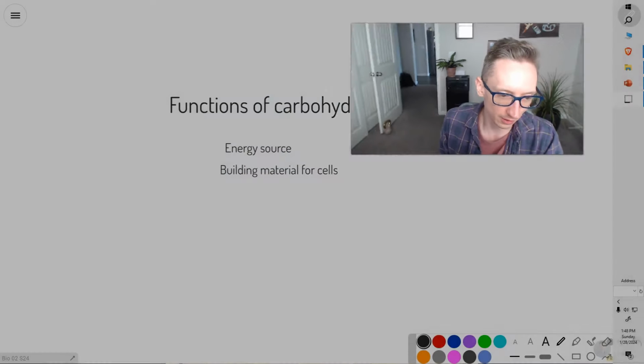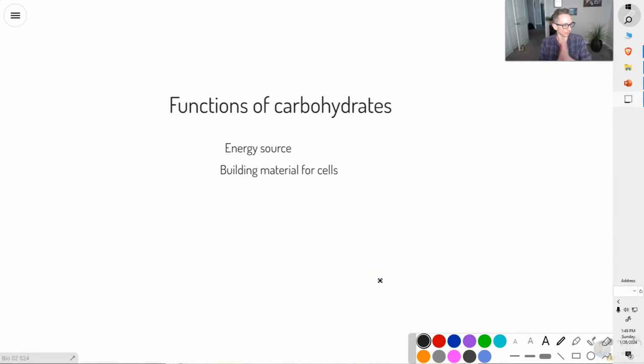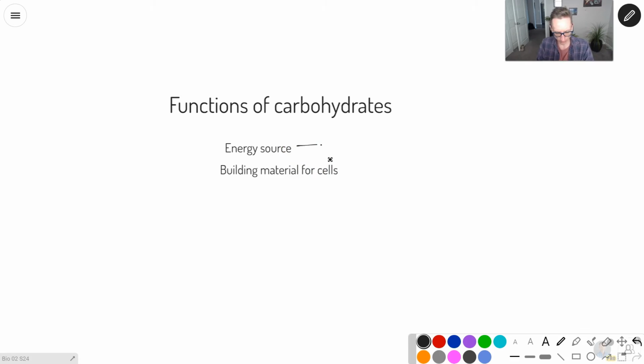It's very weird. Okay. So a building material, energy source, energy storage. We use them for energy storage in our liver. Our liver stores over a day's worth of carbohydrates just in the liver alone. And they're used as signaling molecules as well.